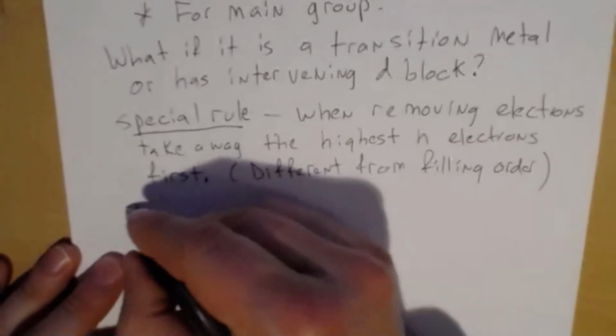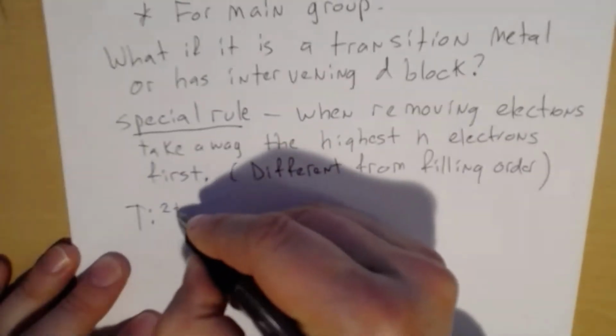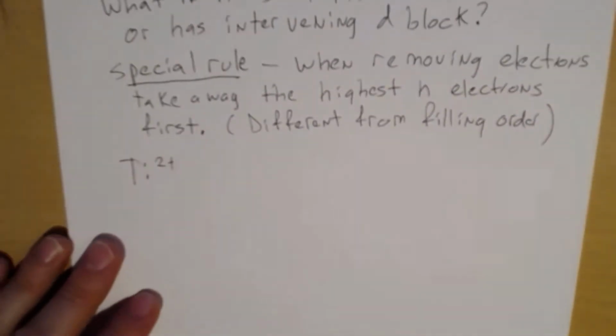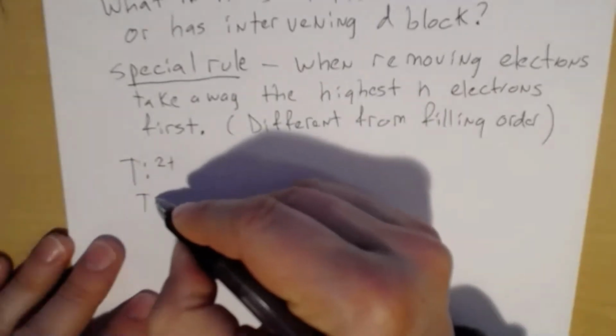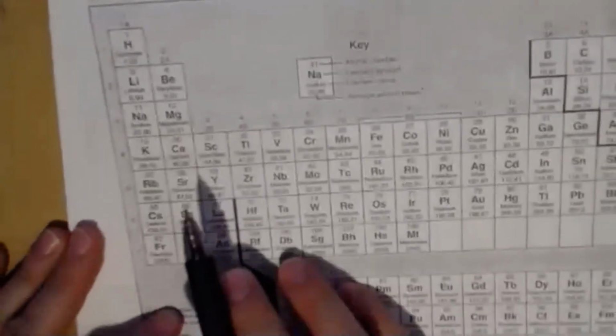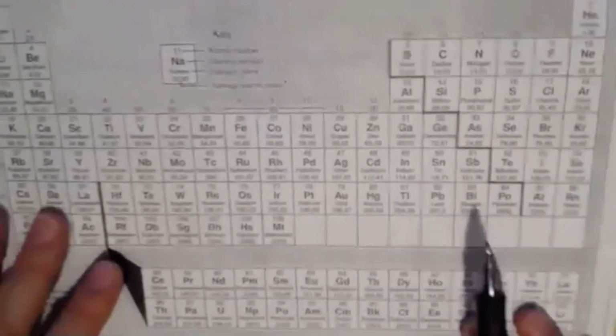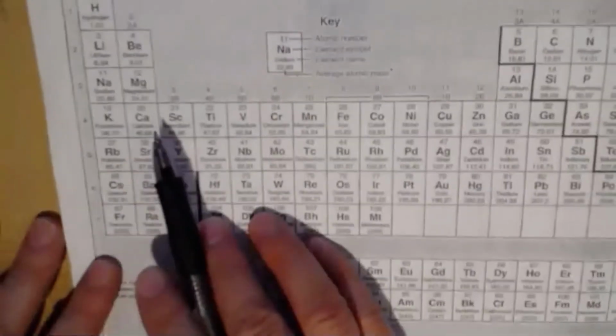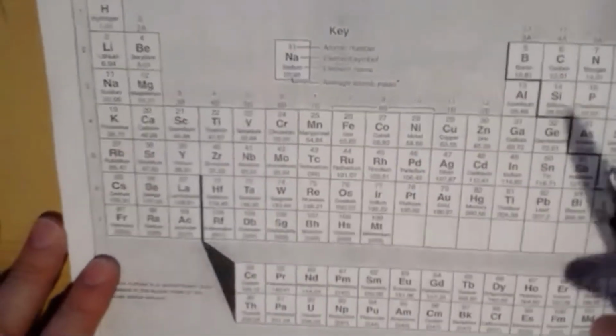How about titanium 2+? In order to do titanium 2+, first let's look at titanium. What's the electron configuration of titanium? It's going to be the noble gas before it, argon, and then 4s2, 3d2.